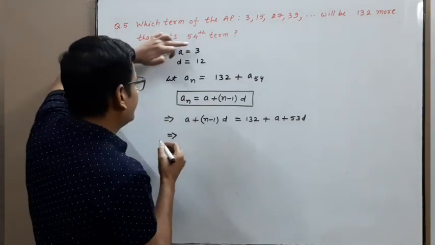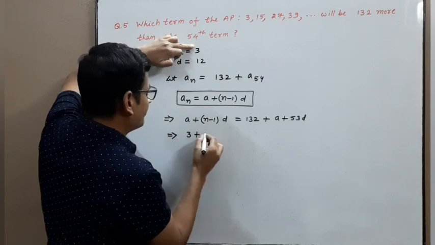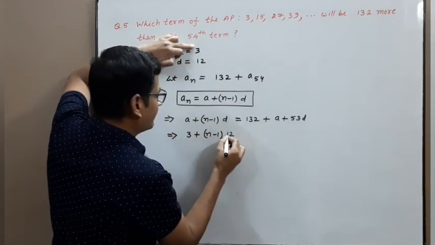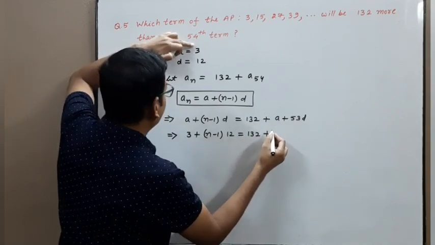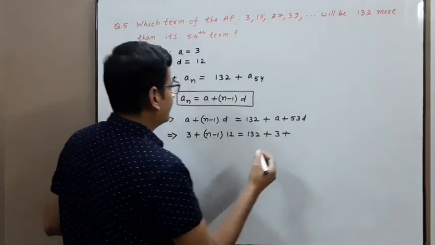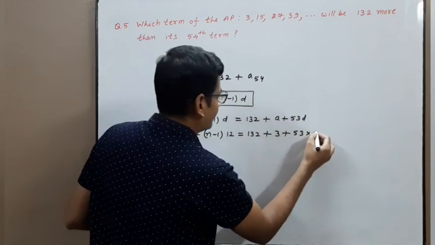Now put all the values. A is equal to 3. n means the number of terms we have to find. D, common difference, is 12, equal to 132 plus A, 3, plus 53D, 53 into D, D means 12.